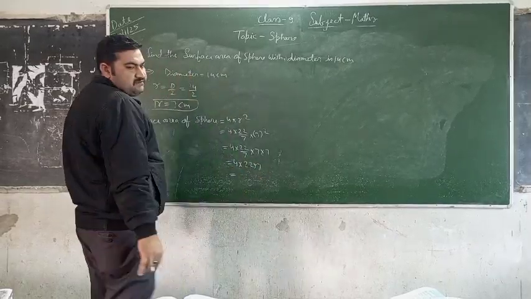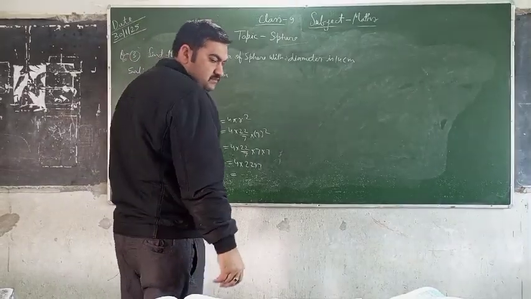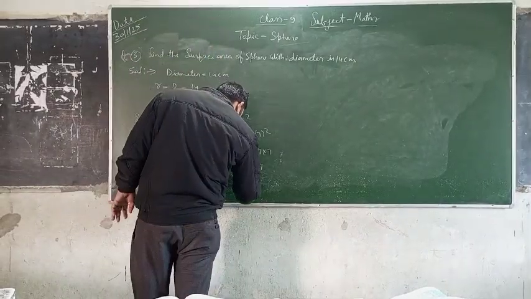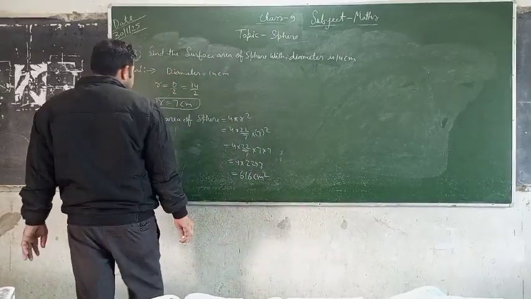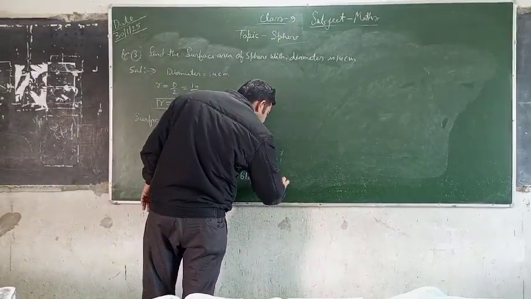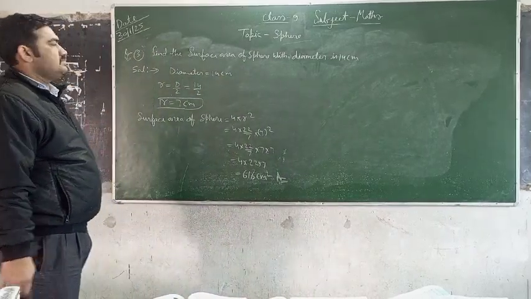Multiplying all of these, we get 616 centimeter square, and this is the surface area of the sphere.